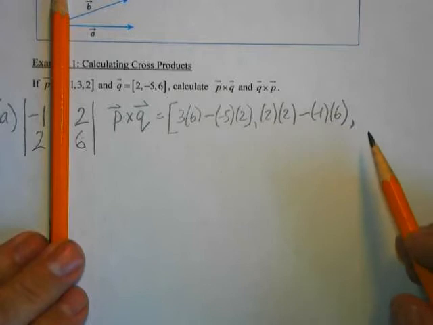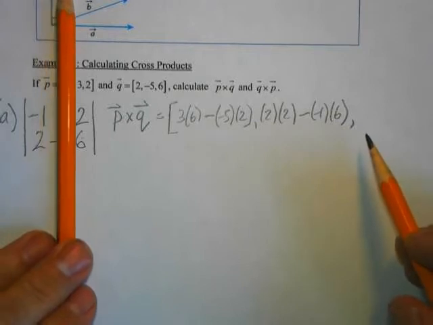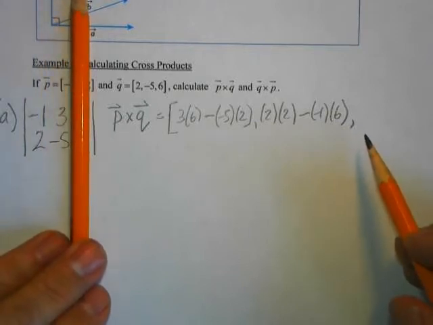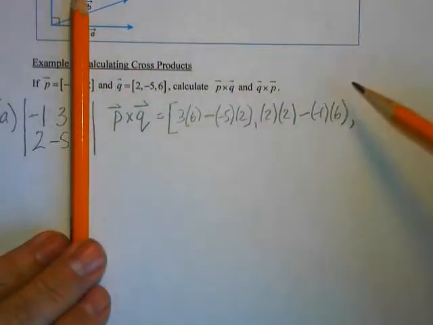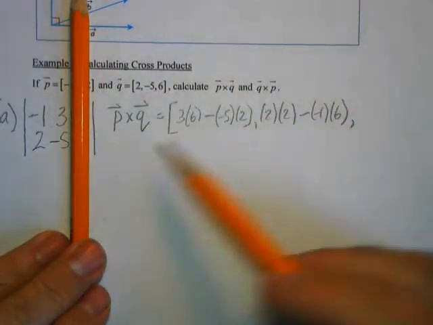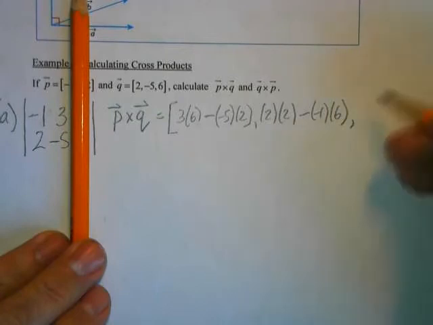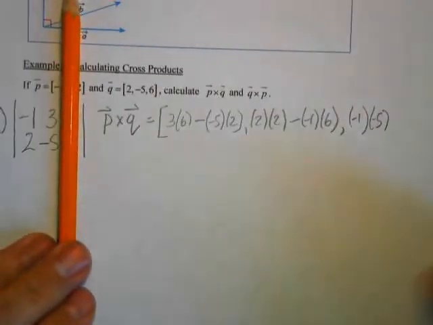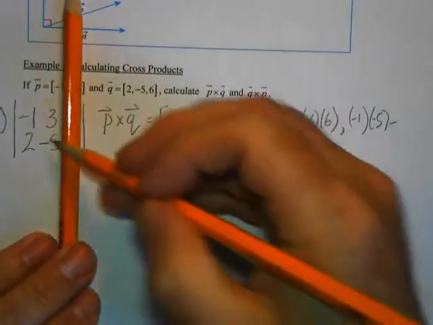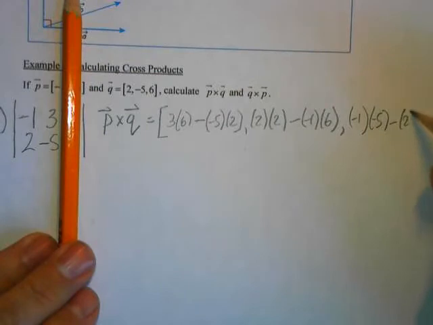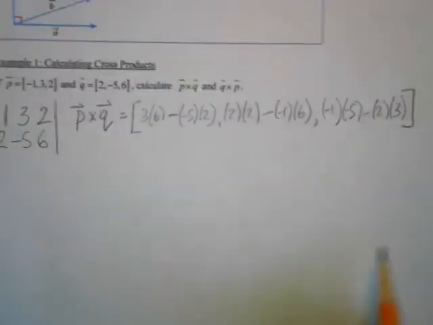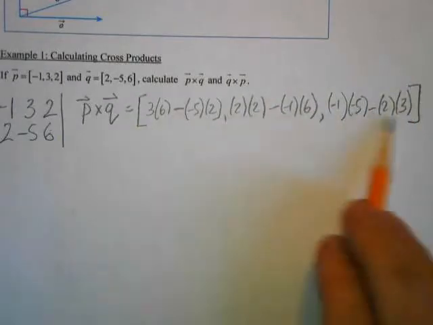Third component, you can kind of see what to expect. We cover over the third column, and this time we go back to the same way we did it for the x component. It's -1 times -5, subtract 2 times 3. Okay, and then I put my closing bracket for the vector that I'm creating here.